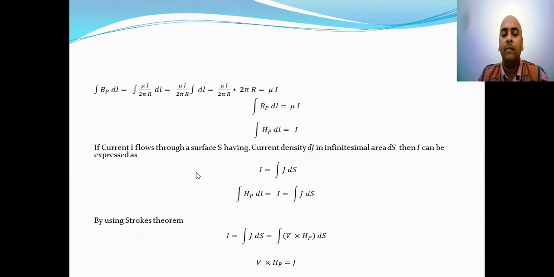Then I can be expressed as I is equal to the integral of J over surface S, or we can say that the integral of H over closed line L is equal to I, which is equal to the integral of current density J over the surface S.